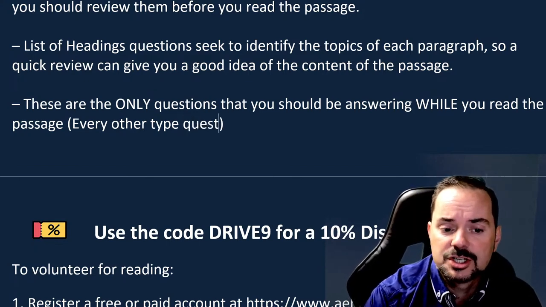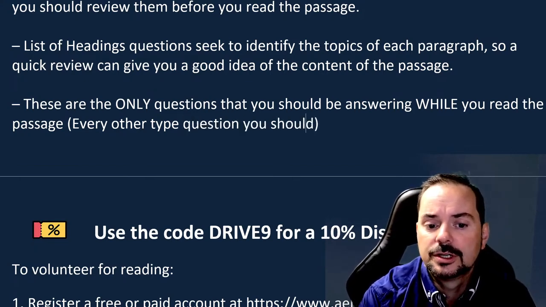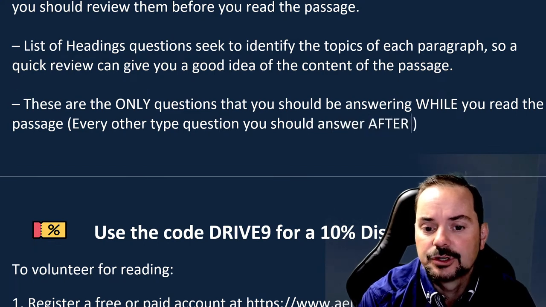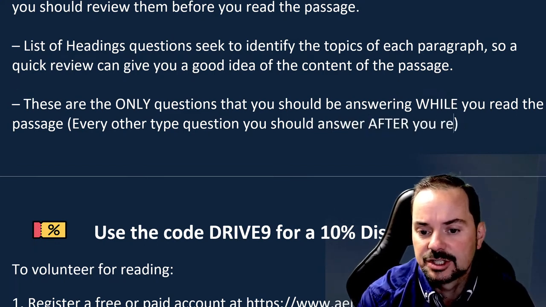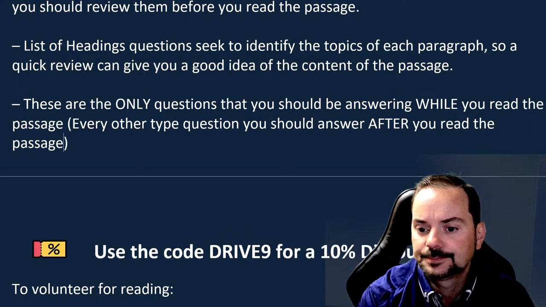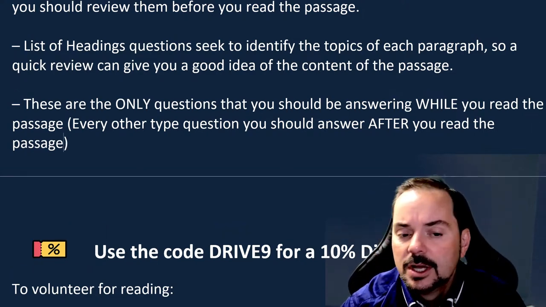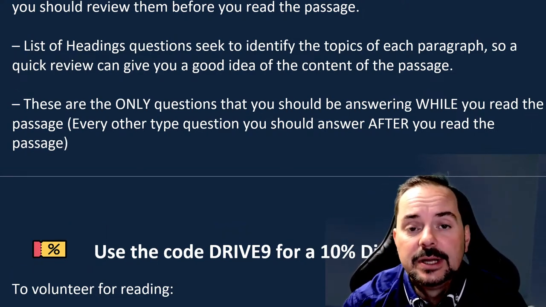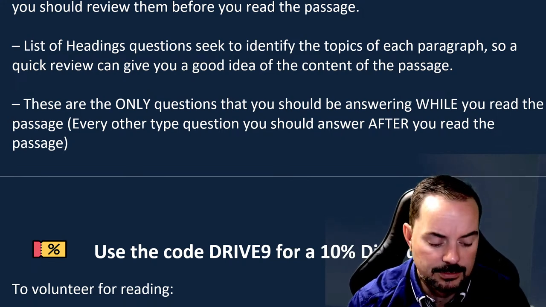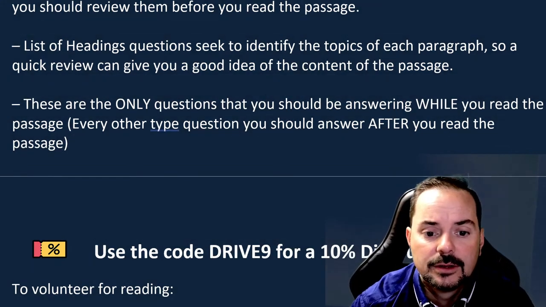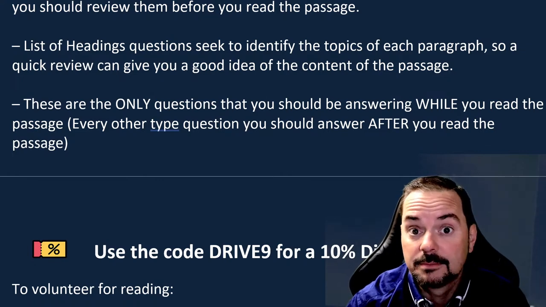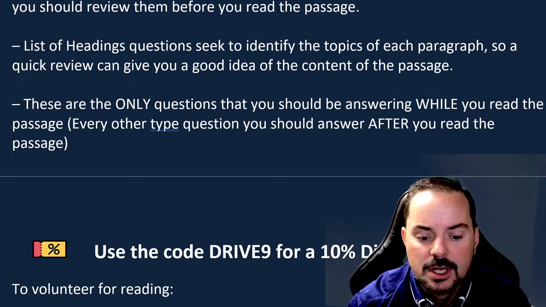Every other type of question you should answer after you read the passage. Okay, so that is a big reason to review the list of headings before you start your reading.